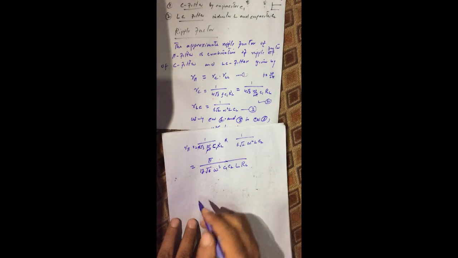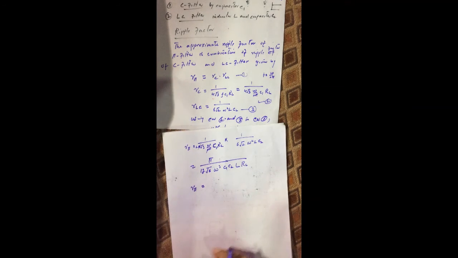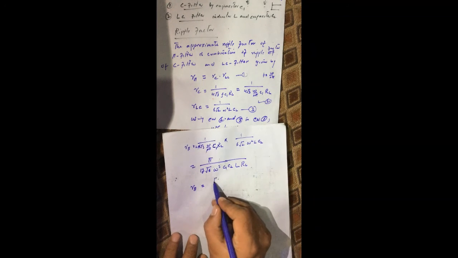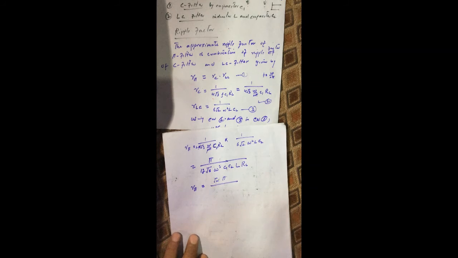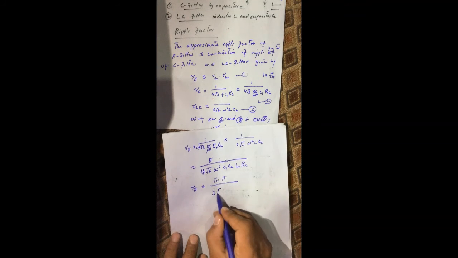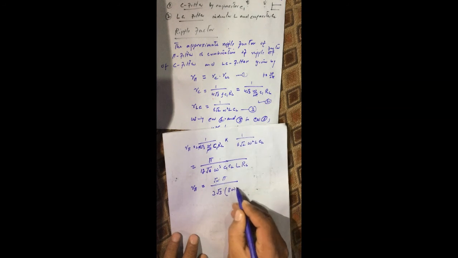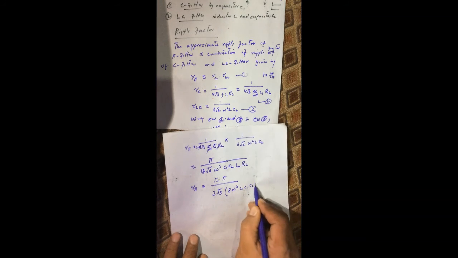We can write it as gamma of pi equal to square root 2 times pi divided by 3 square root 3 times 8 omega cubed L C1 C2 RL.